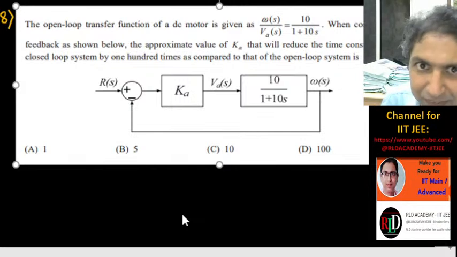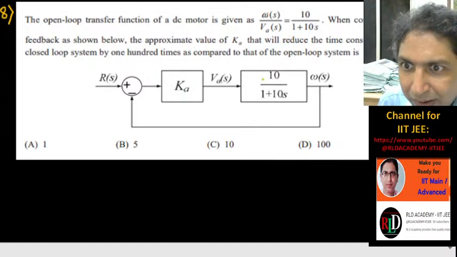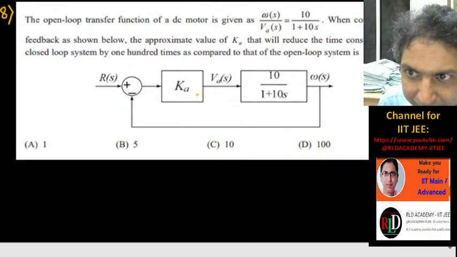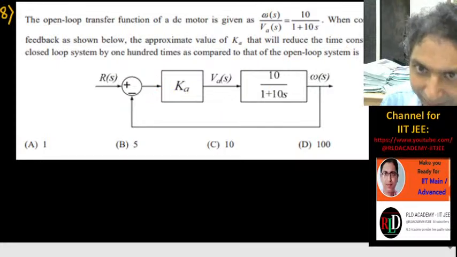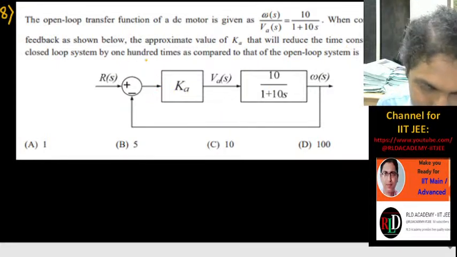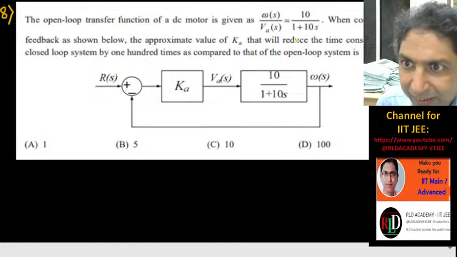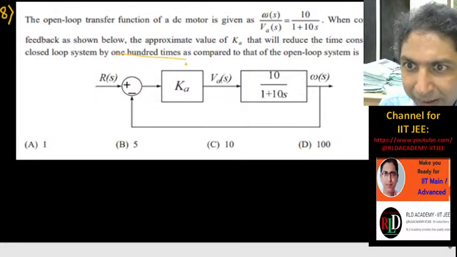Now we will have one proportional gain K multiplied, and because of this K, with negative feedback, it will reduce the time constant of the closed loop system by 100 times.